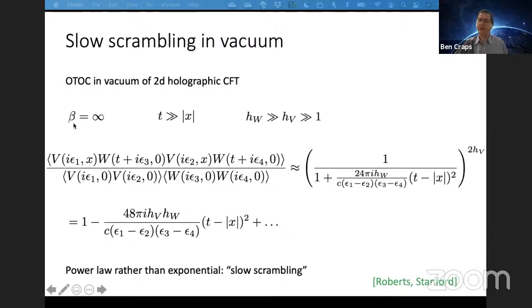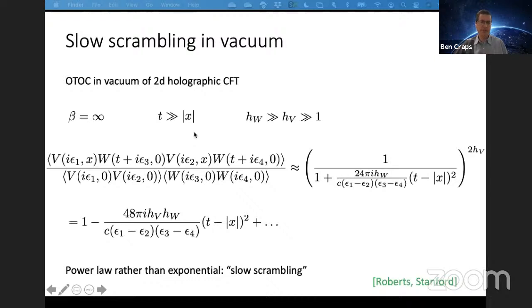You cannot directly do it on the formulas I had on the previous slide, because I was implicitly assuming that the time separation and the spatial separation were large compared to the inverse temperature. So if you want to do it, you should go back to the exact expressions, then send beta to infinity, and then focus on times large compared to the spatial separation.